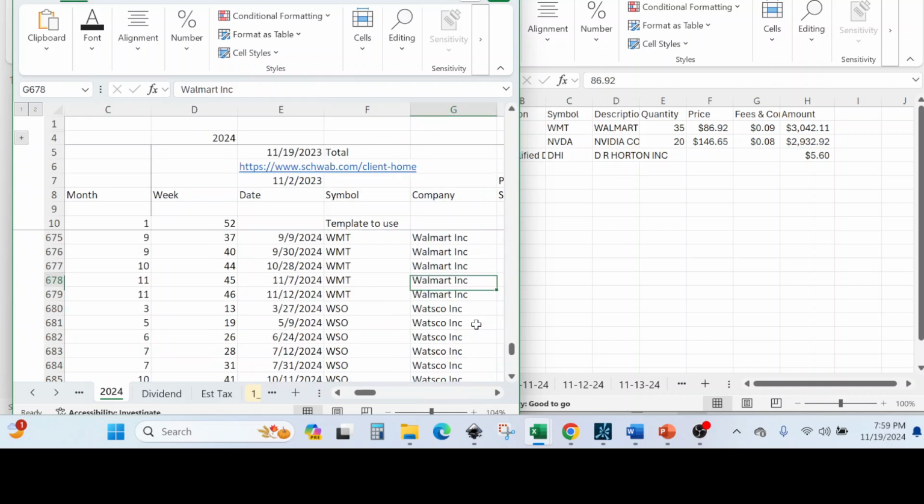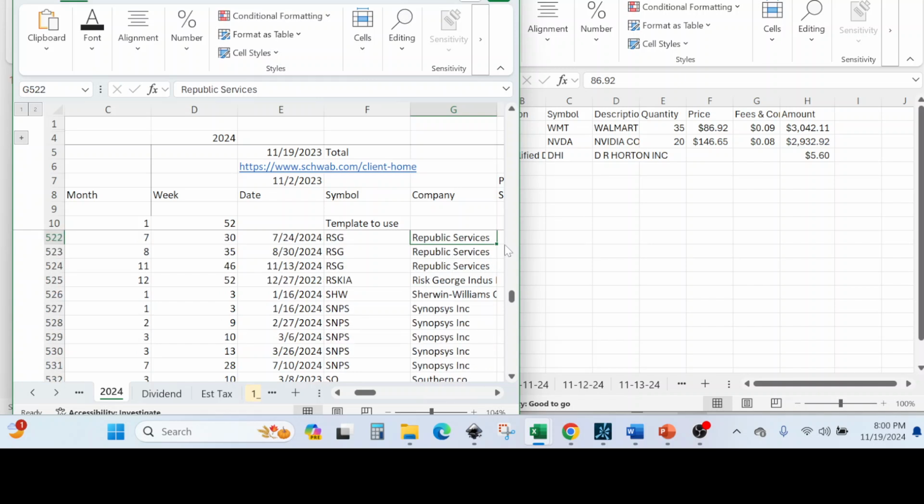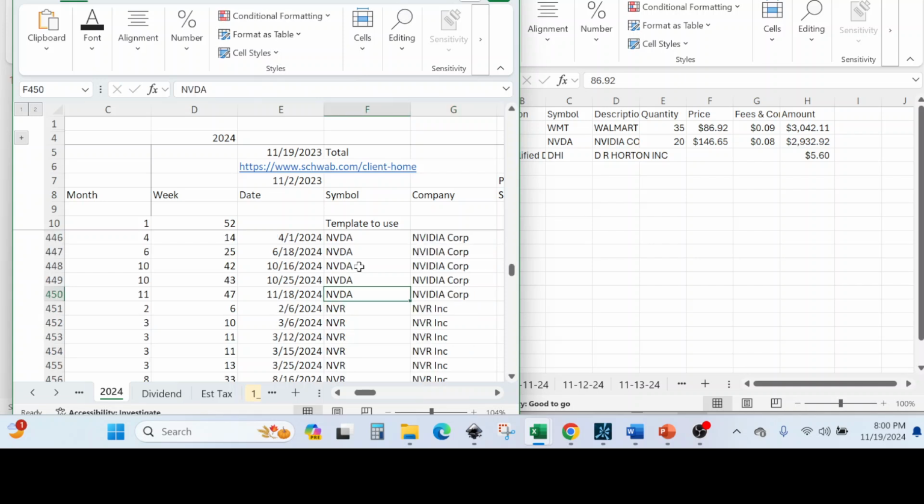We'll go to N. So it was purchased on the 18th. We'll take the commitment out of there.